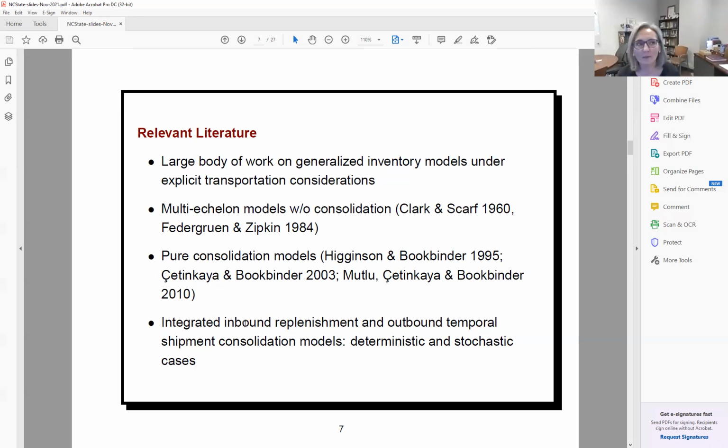The model that I'm going to present is focusing on shipment consolidation on the outbound side. We are consolidating demands from, say, multiple retailers, or we are consolidating demands from a single retailer. That might also be an option.